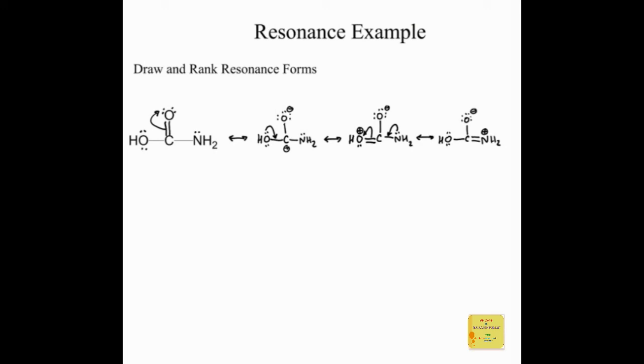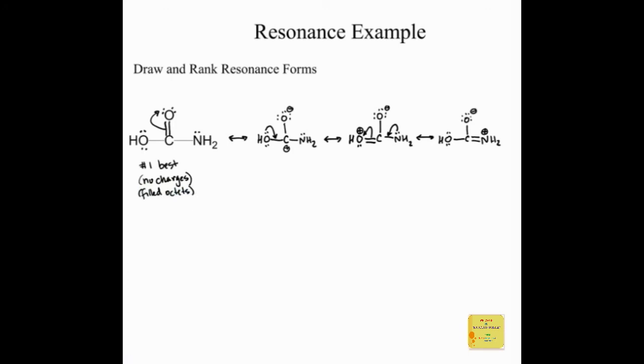Now let's rank those resonance forms and decide who is the best contributor and the worst contributor and so on. Of all these, I think this first one looks the best because it has no separation of charge, no formal charges. This is number 1. This is the best because it has filled octets, I should write that first, actually, and it has no charges.